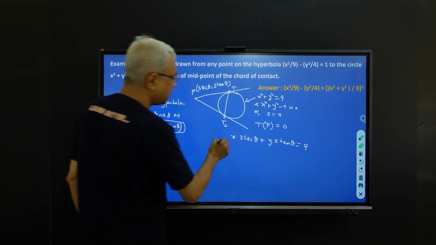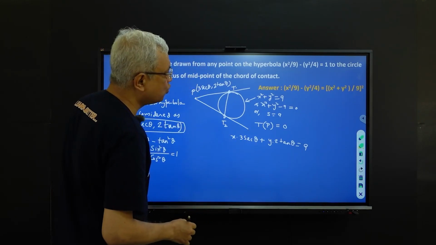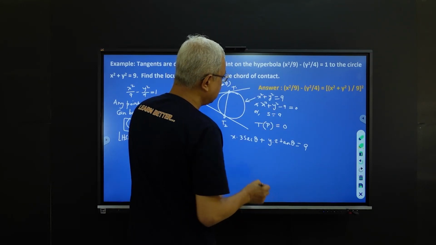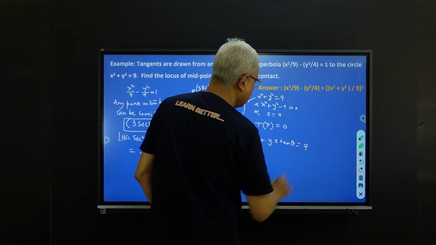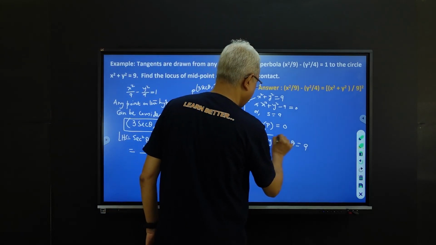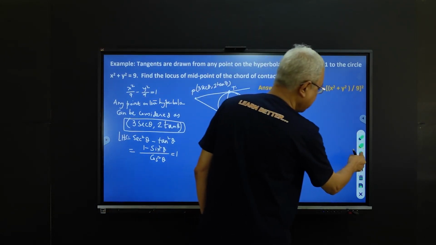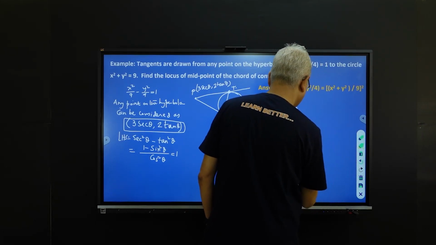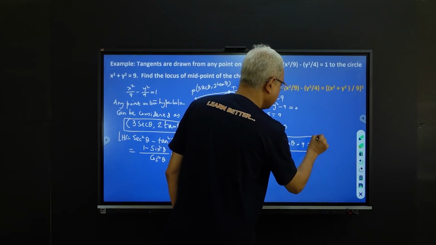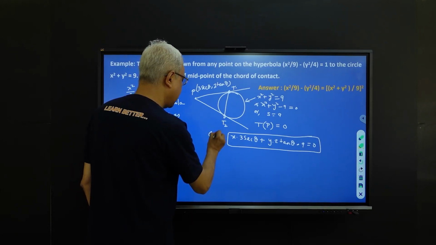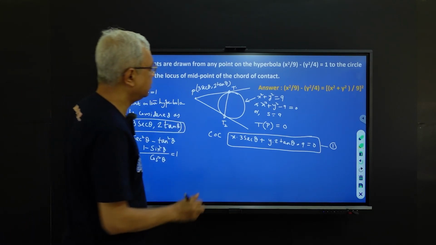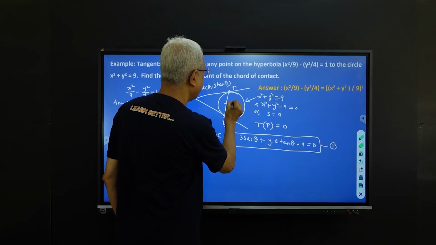So 3x sec theta plus 2y tan theta minus 9 equal to 0. This is the equation of the chord of contact. This is 1.